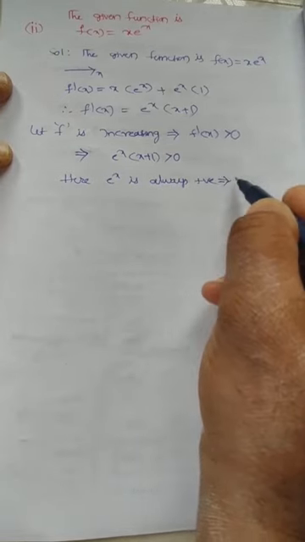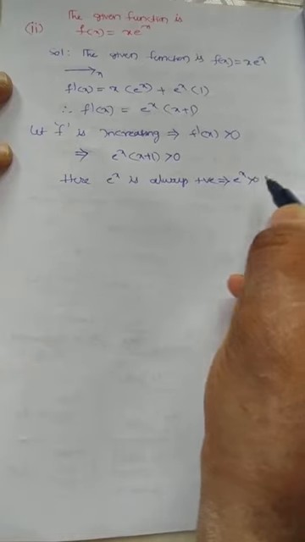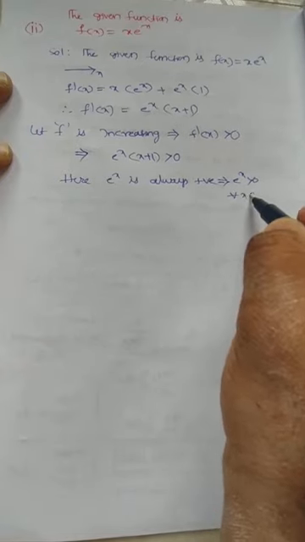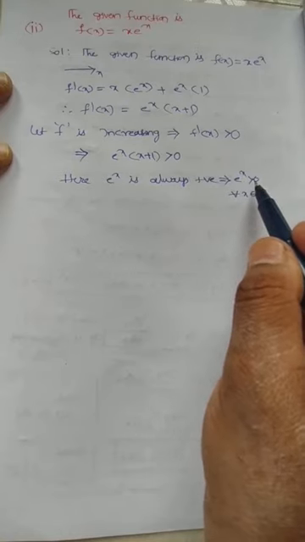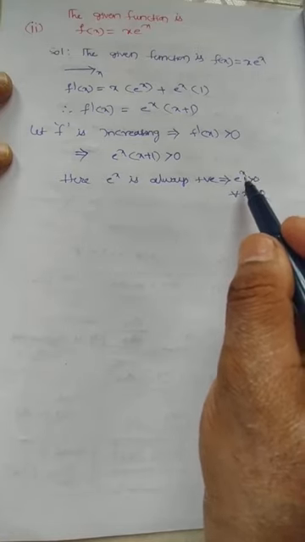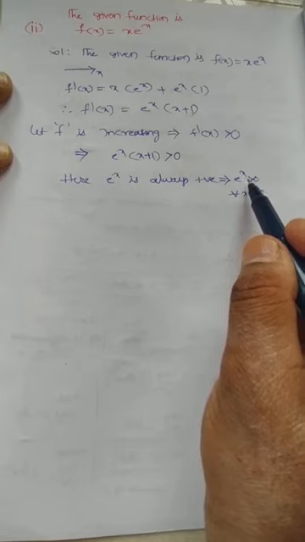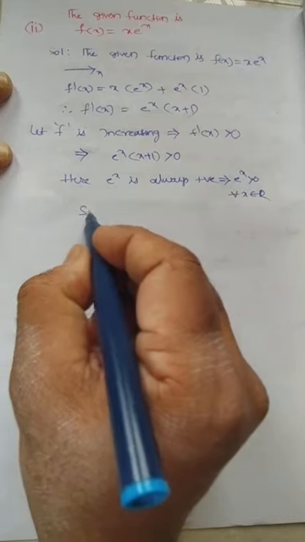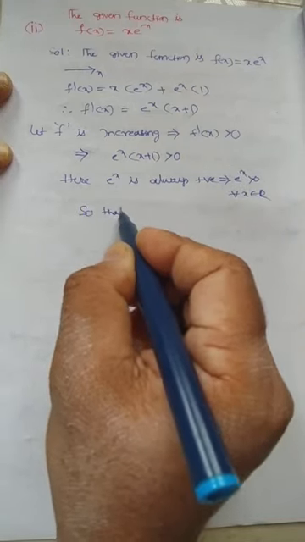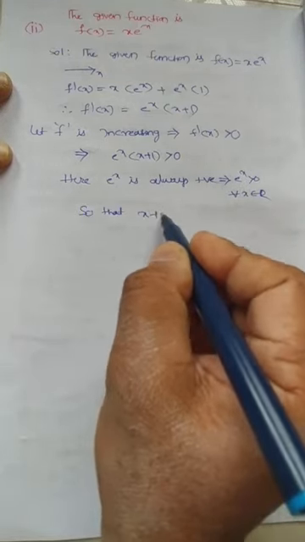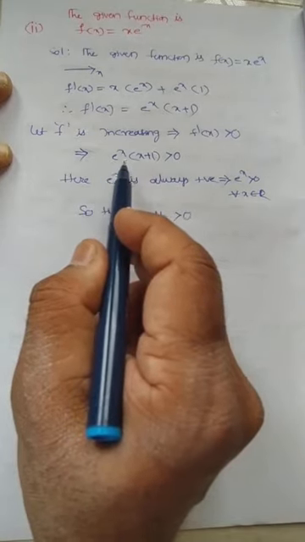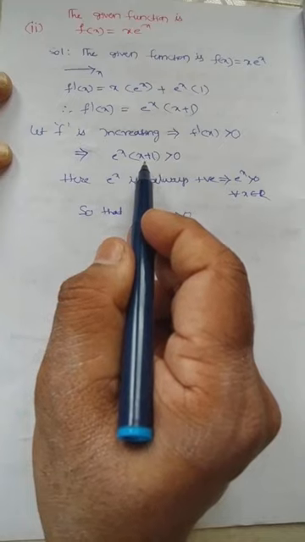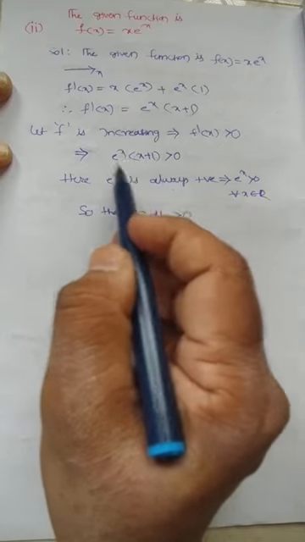It implies e power x is always greater than 0 for all x belonging to R. For all real values e power x is always positive, so it can't be negative. So first we take that it is positive, so that x plus 1 must be positive, because positive into positive only gives a total positive value, isn't it?